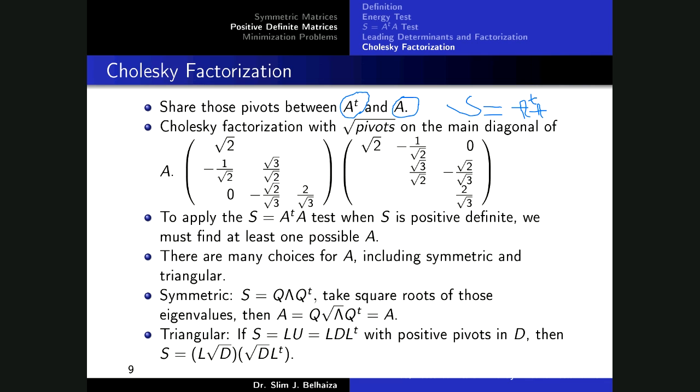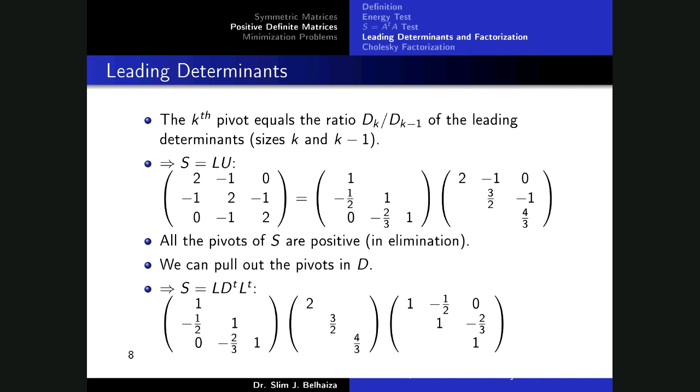So basically, what we did is the following: write down S as L times root of D times root of D times L transpose. So if we go back to the previous slide, you see that the root here is going to be root of 2.